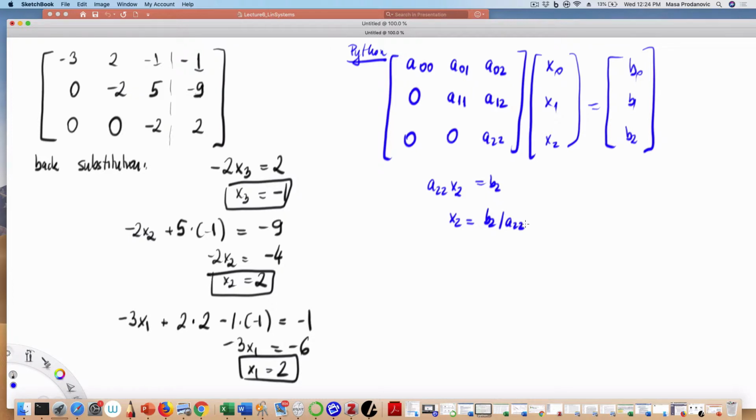And in the more general case of an n by n system, this last row is n minus 1, right? So I'm going to start with the knowledge that my x n minus 1 is b n minus 1 divided by a n minus 1, n minus 1.